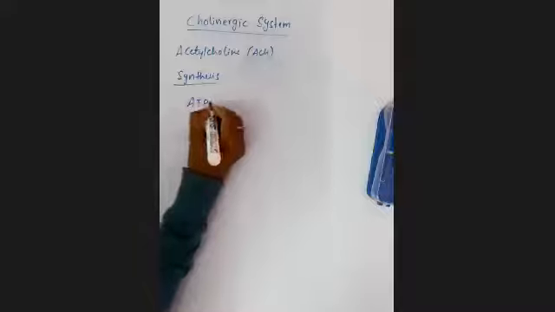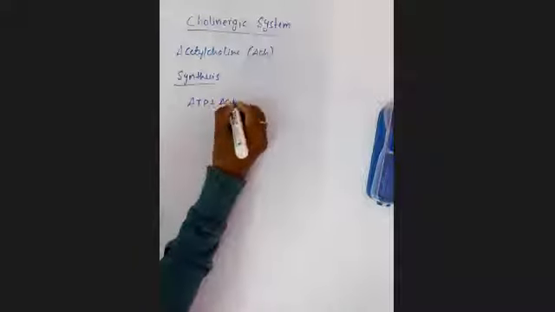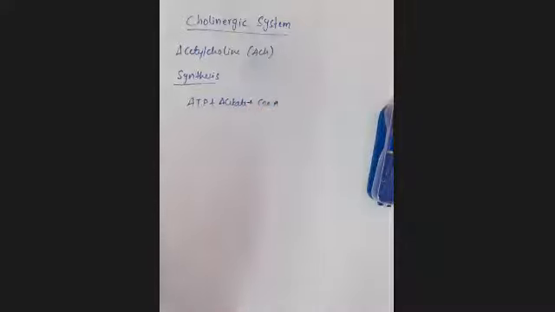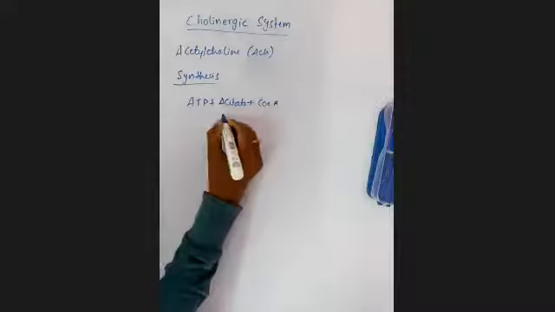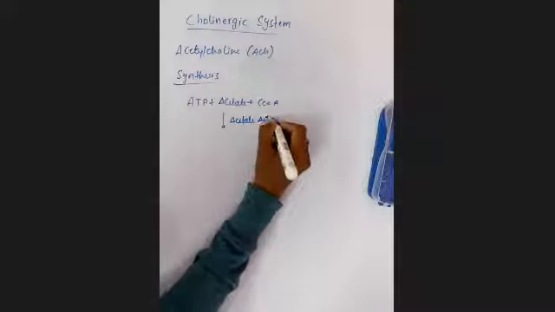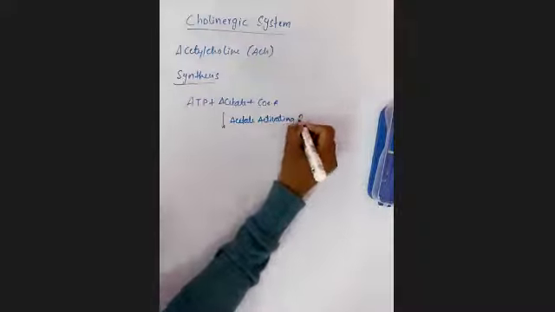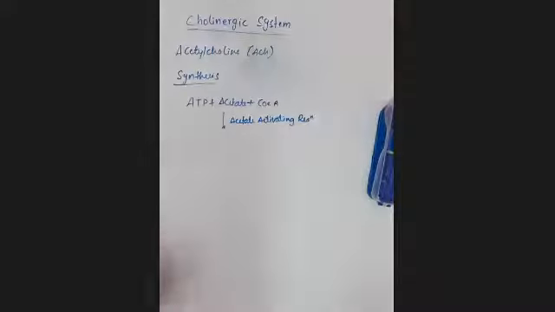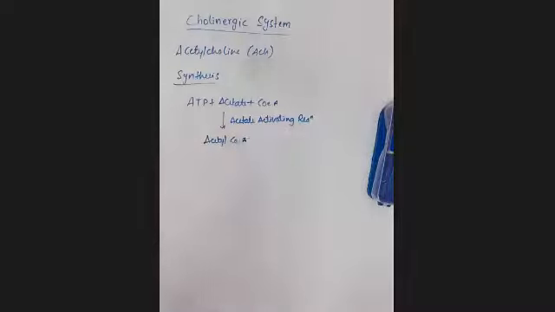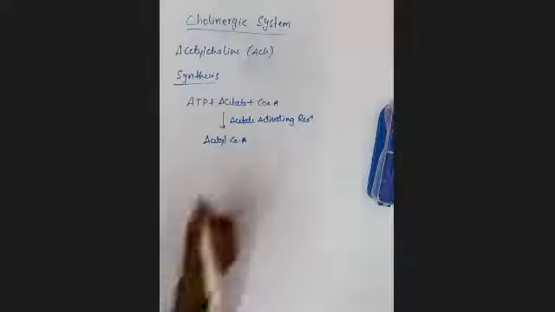Okay, this ATP, in the presence of acetate along with coenzyme A, by the acetate activating reaction, produces acetyl coenzyme A.